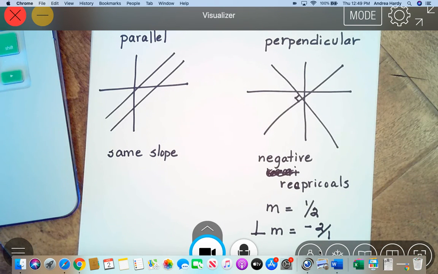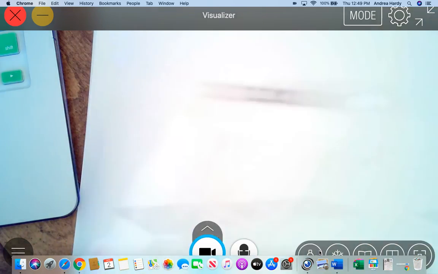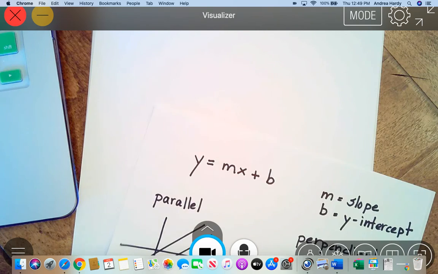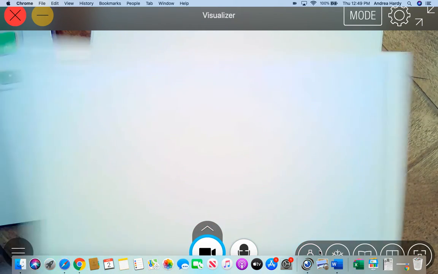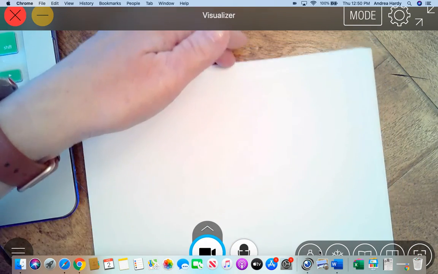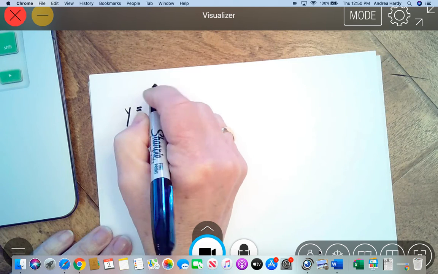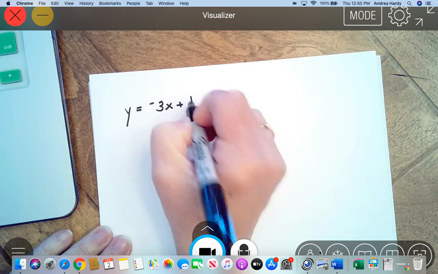So let's do some practice on this. We have a line, and our line is y is equal to -3x plus 1.